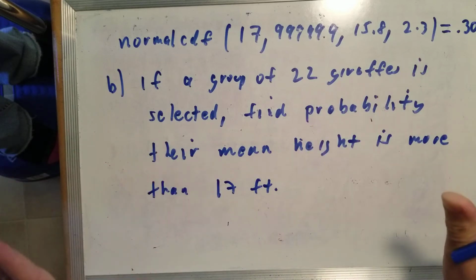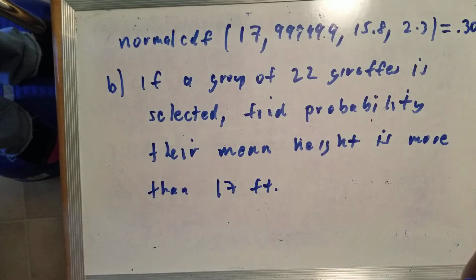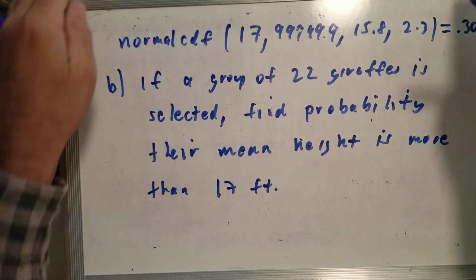Because we have a group of 22 giraffes instead of a single giraffe, this is where we're going to use the central limit theorem.